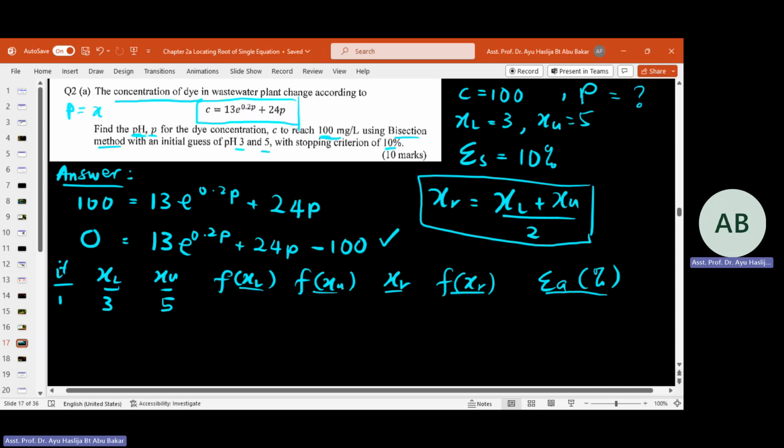What you get for your FXL? Minus 6.16. What you get, Sabah? Minus 4.3125. FXU. Anis, what you get? Correct, 55.3377.